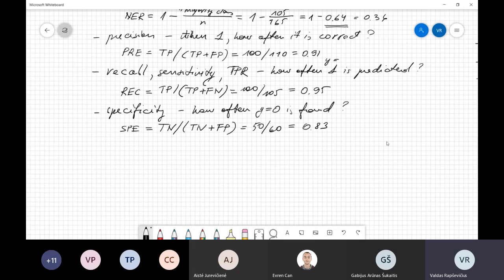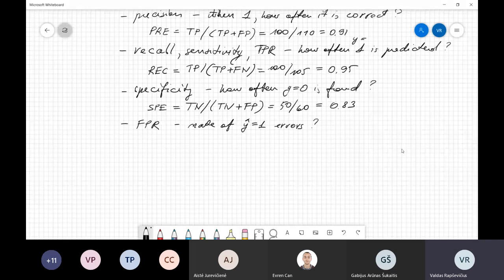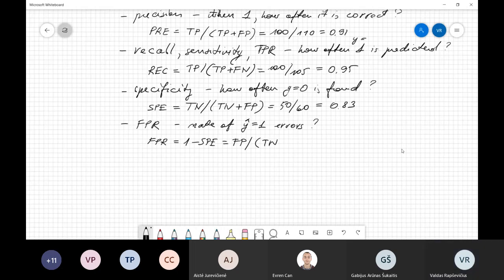Okay, and one of the last things that I want to say from the matrix directly is the so-called false positive rate, the rate of errors. So what's the rate of our actual diagnostic errors? False positive rate is equal to 1 minus specificity, or false positives divided by true negatives plus false positives.